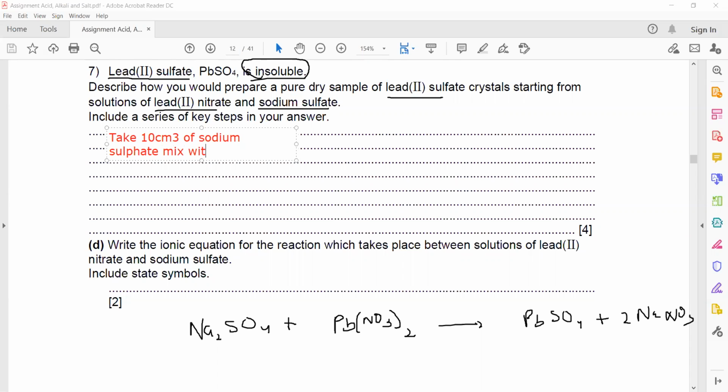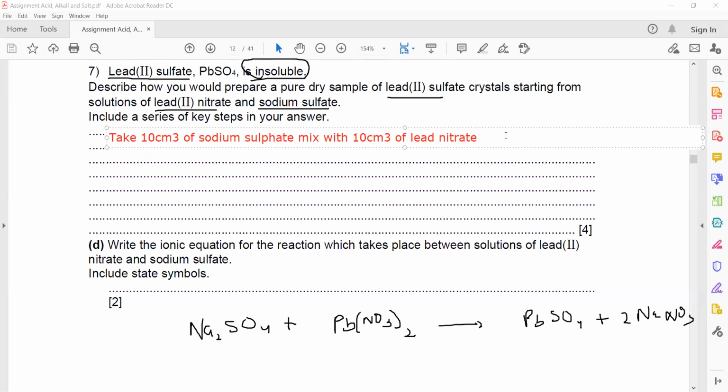It will mix with 10 cm cube of lead nitrate. So we take equal volumes because the ratio is the same.